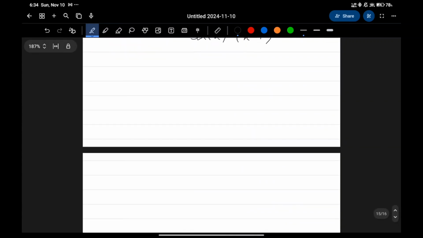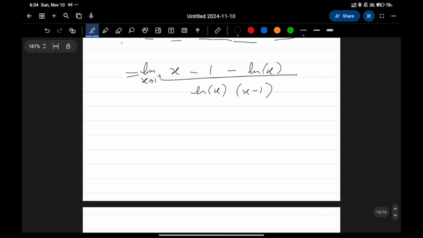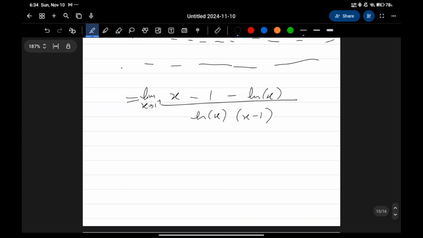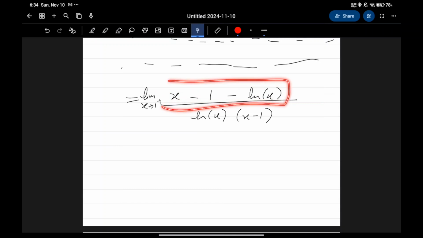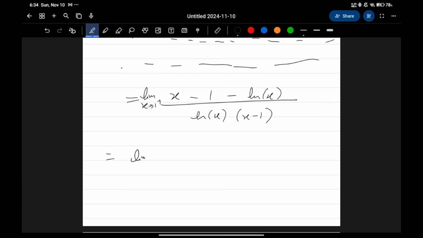Cannot think of a reason for 1 from the right in this situation. Alright. Over here, now we can take the derivative of the top using L'Hopital's rule, the derivative of the top and the derivative of the bottom. So this would be the limit as x goes to 1 from the right.